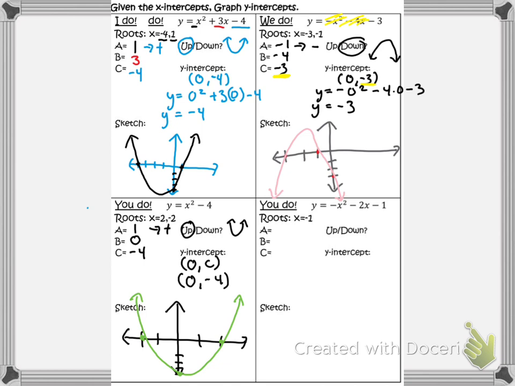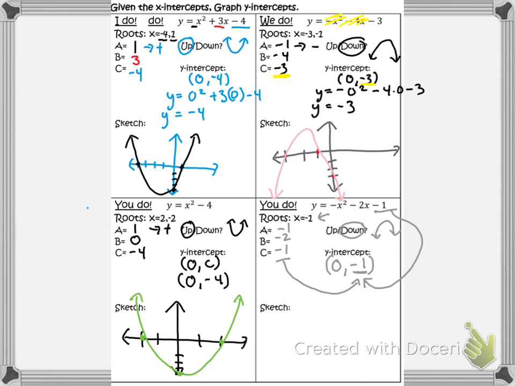Just a quick sketch. Alright, for the last you do, go ahead and give me the A, B, and C values, please. That is correct. A is negative 1, B is negative 2, C is negative 1. And we only have one root. Uh-oh, that's a little weird. We are going to open down. And our y-intercept will be at 0, comma, negative 1, which again is the C value.